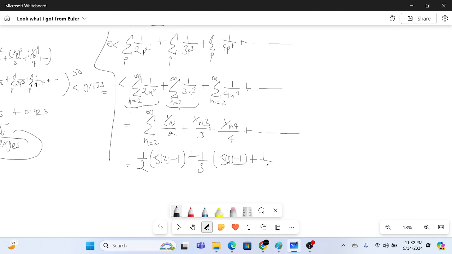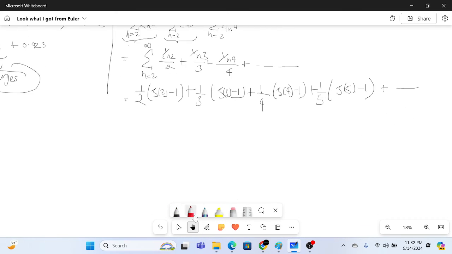And plus 1 by 4 times zeta of 4 minus 1, and 1 by 5 times zeta of 5 minus 1, I mean the first term is not there, right? So I get this sum. Now again I can write this as an infinite sum from n equals 2 to infinity of zeta of n minus 1 by n, right? Now we will try to find this sum.